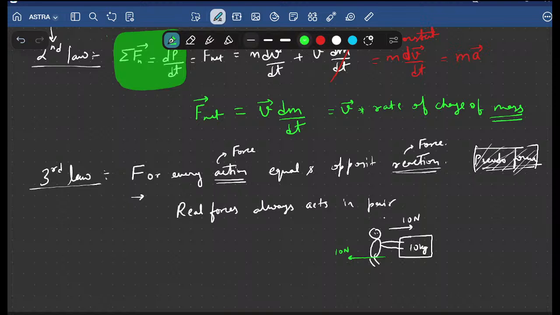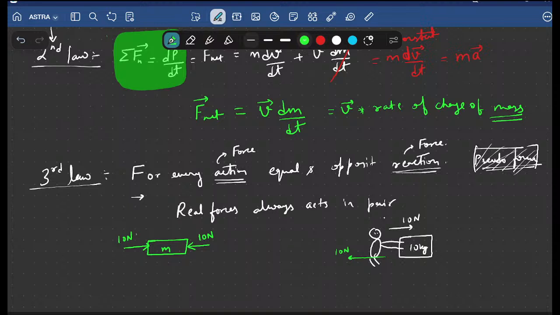Now generally students get confused that if the action and reaction are equal and opposite, then they must cancel each other. The misconception arises because the forces are not acting on a single body. Suppose this is a body of mass m, and from the right side there is a force of 10 newton acting from right to left, and from the left side there is a force of 10 newton acting from left to right.